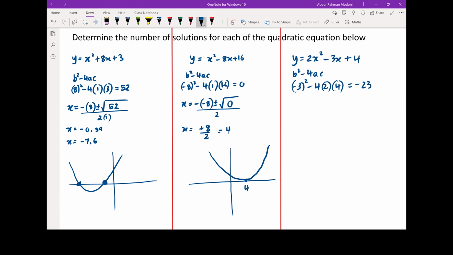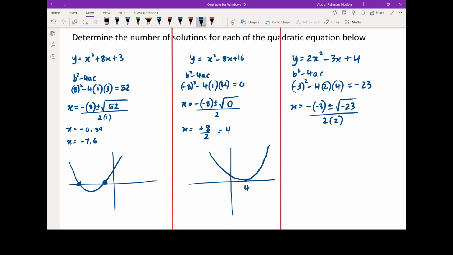So the discriminant is actually negative. If we were to try and solve this, what would it look like? x is equal to minus b plus or minus square root of the discriminant, which we've worked out to be minus 23, all over 2 lots of a.